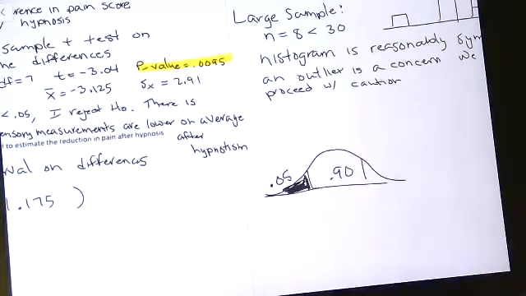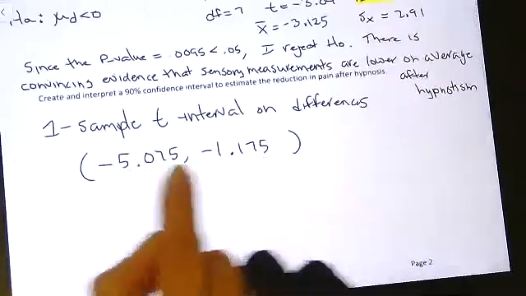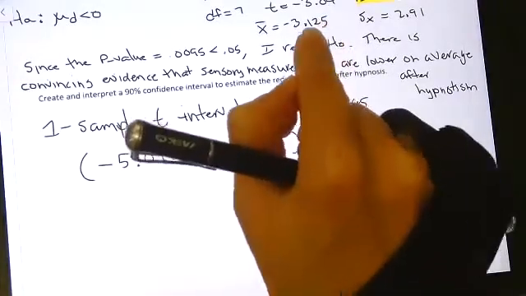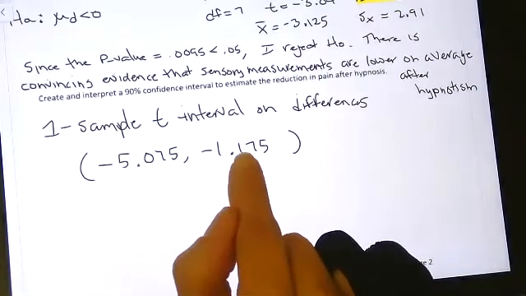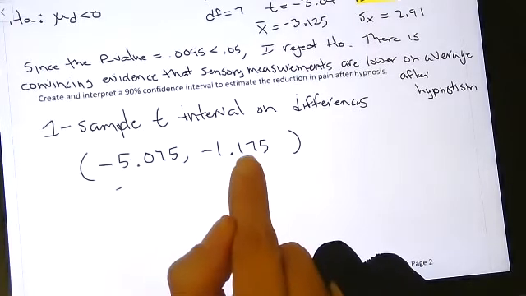So in other words, this confidence interval should give us the exact same results as the test, which is, hey, look, all the values are negative. That confirms what we said up here. We do have convincing evidence that hypnotism is going to lower the pain score as much as 5 points, but it could be as little as 1.1 points.